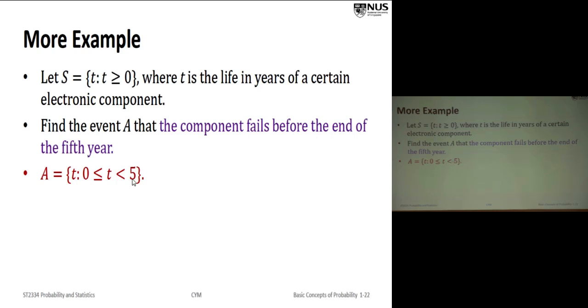So this event A, that the electrical component fails before the end of the 5th year, where T is measured in years, is just the set of T such that T is at least 0 and strictly less than 5. Okay, so it's an interval.